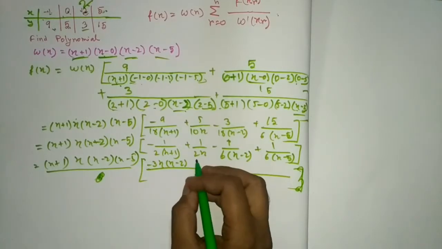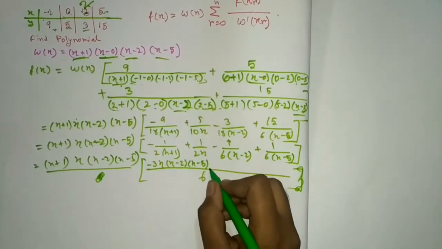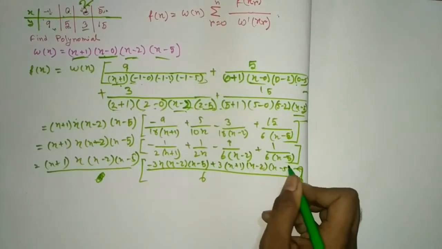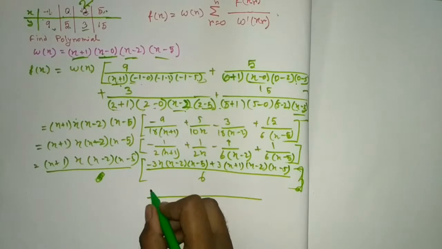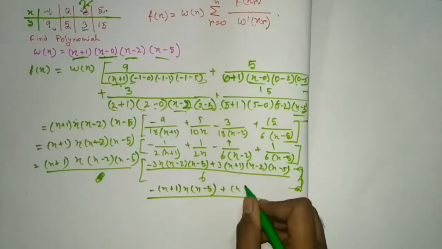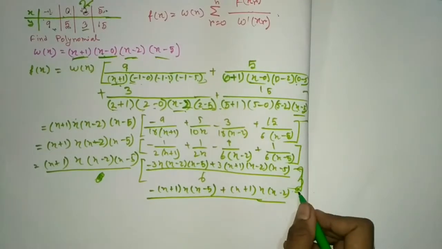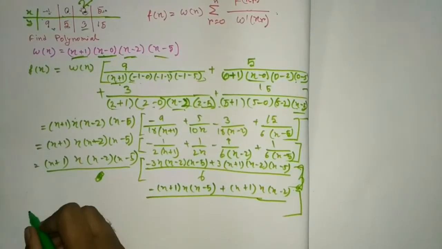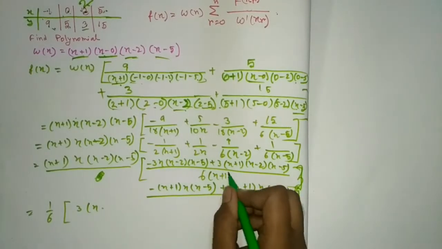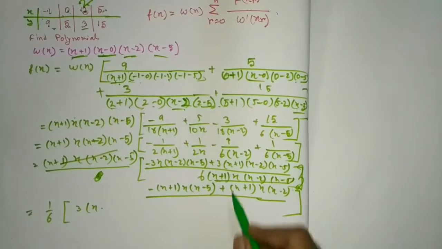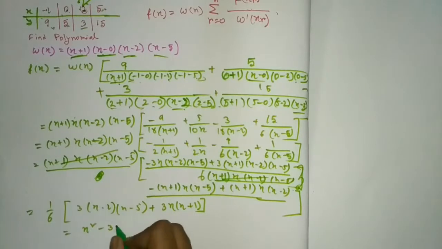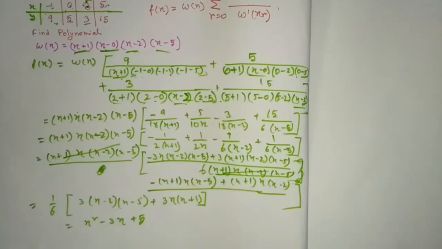Just do it yourself as I am doing it. Just sum these terms. Remember that the first part, whatever I have done, is the most important part, so watch that part very carefully. It is quite difficult to understand, but once you understand it, it is easy.